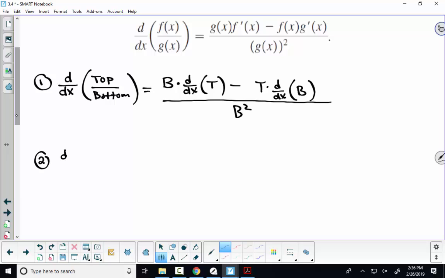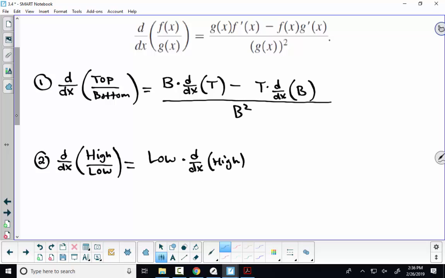Or if we think about it as high over low: low times the derivative of high, minus high times the derivative of low, all over the low squared.